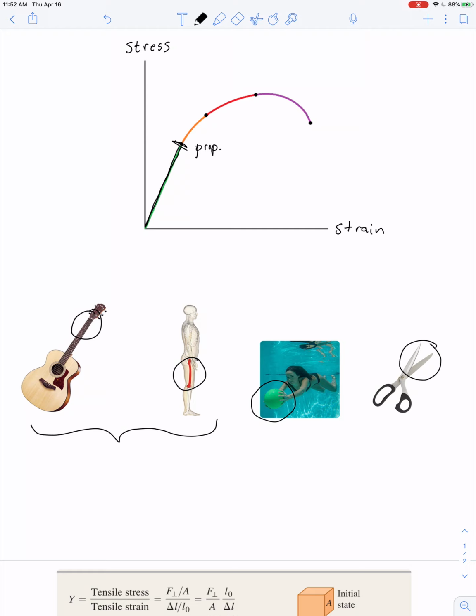In any case, there's some numerical value that describes the slope of this graph, and that numerical value is the elastic modulus. So in the case of tension and compression, the elastic modulus is known as Young's modulus.